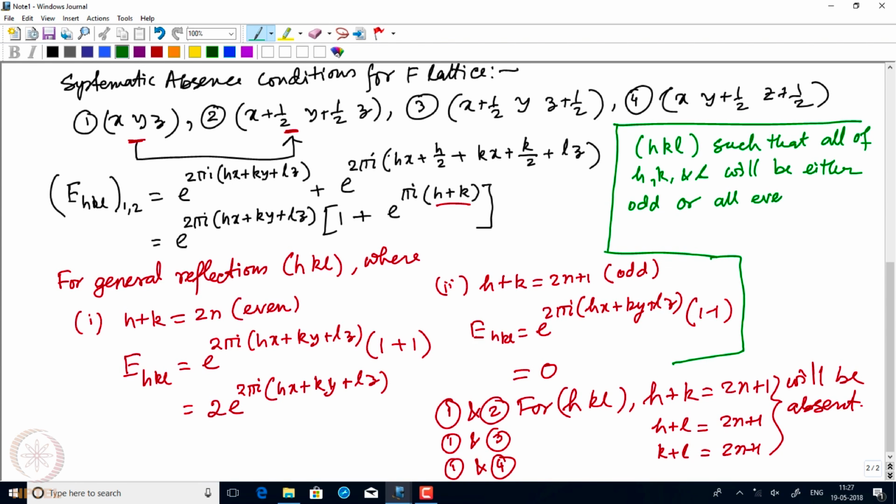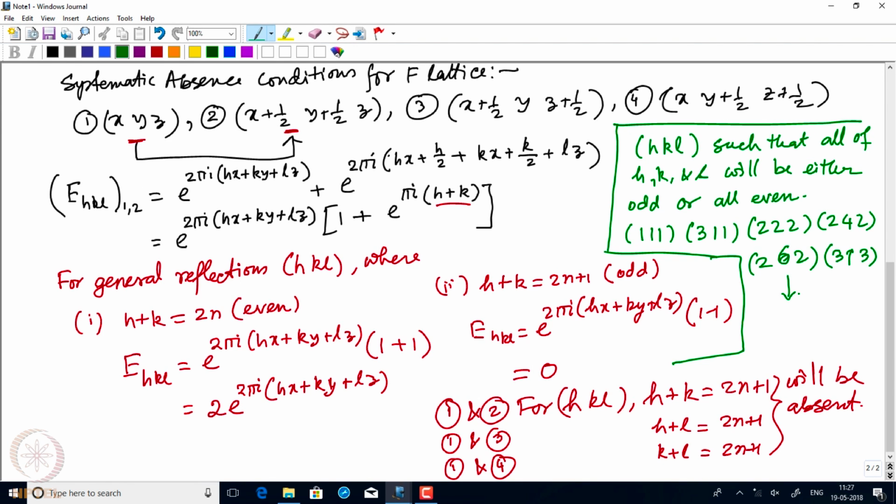So, a face-centered lattice will have only reflections like 1 1 1, 3 1 1, 2 2 2, 2 4 2, 2 6 2, 3 1 3, etc., where all the H, K and L are either all odd or all of them are even.